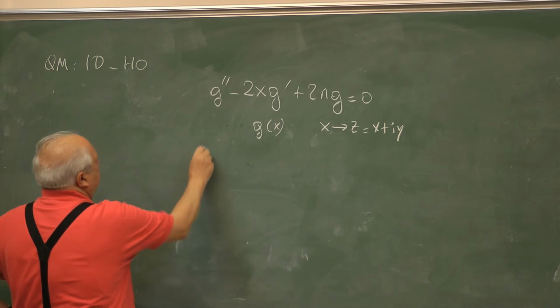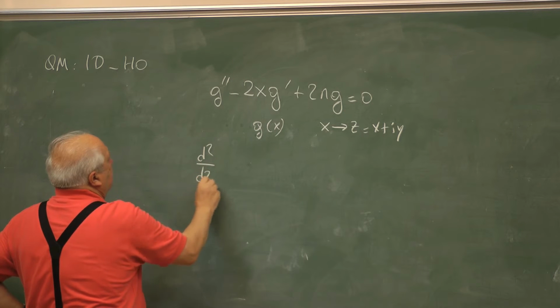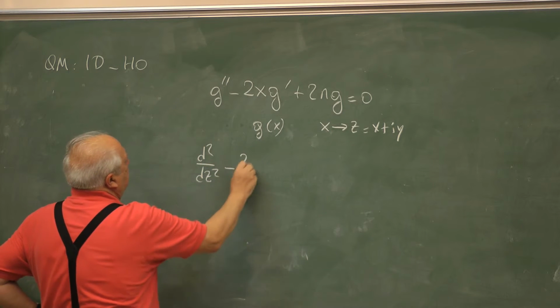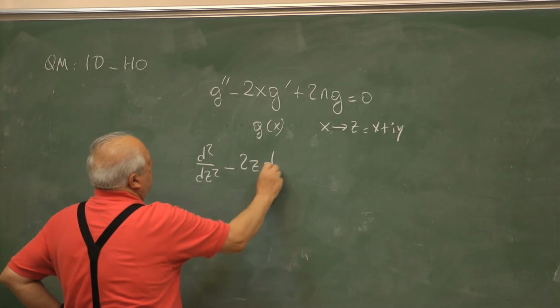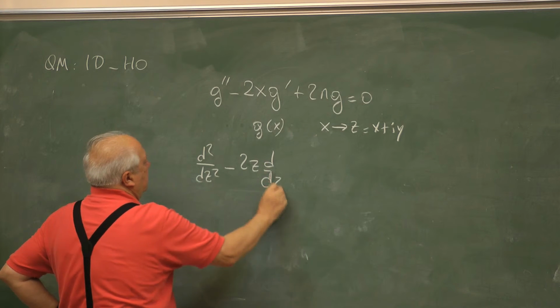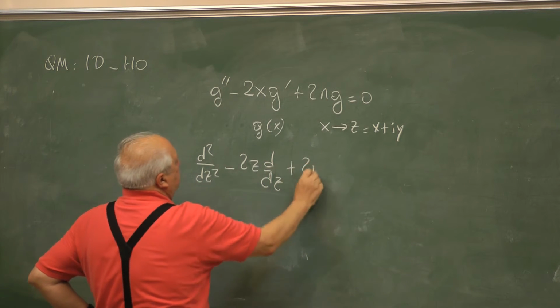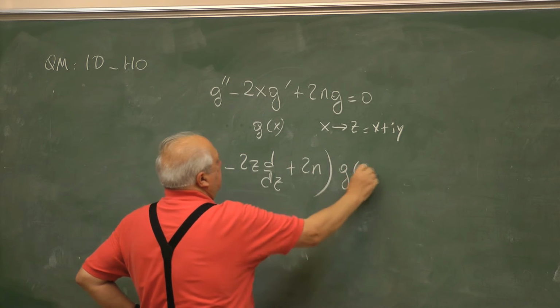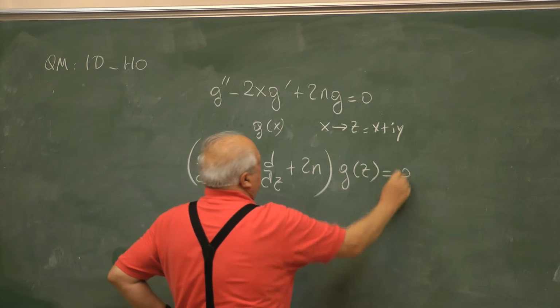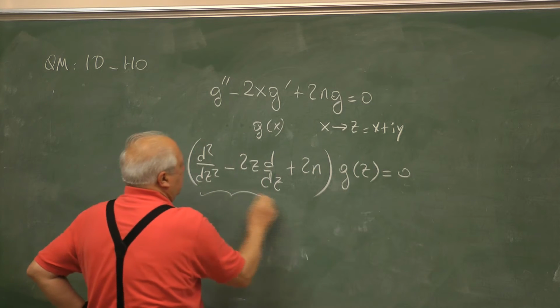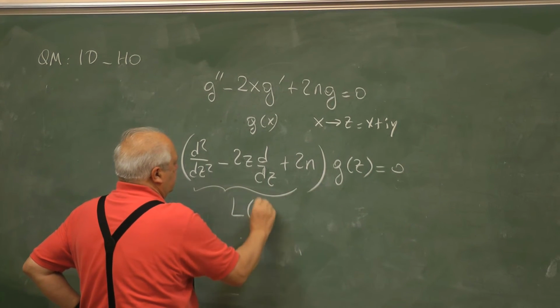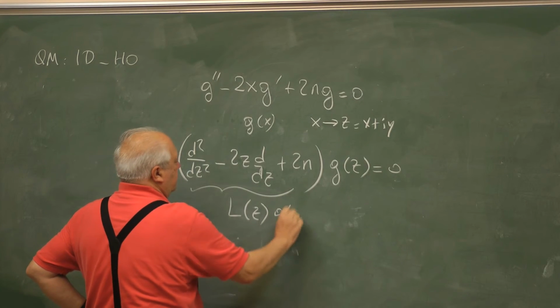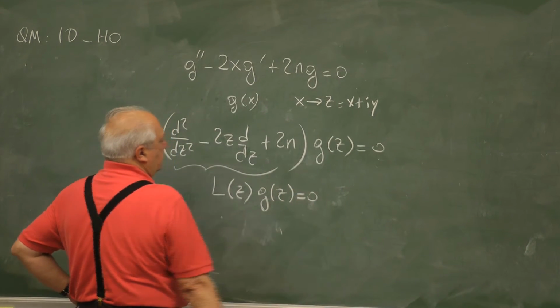So d squared/dz squared minus 2z d/dz plus 2n, acting on g of z, is equal to 0. Or if we call this the differential operator L of z, L g of z equals 0.